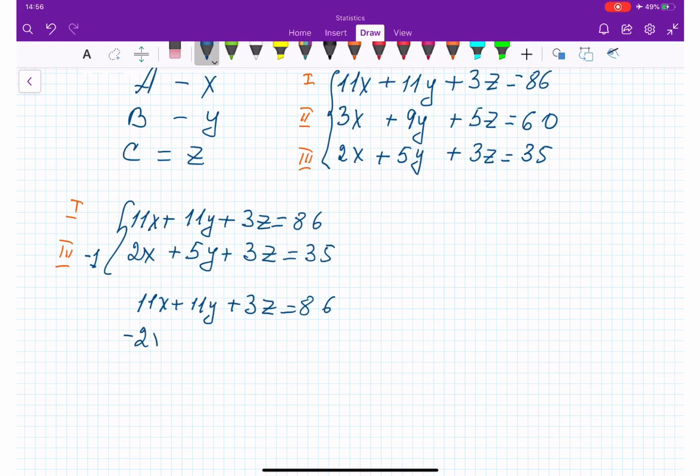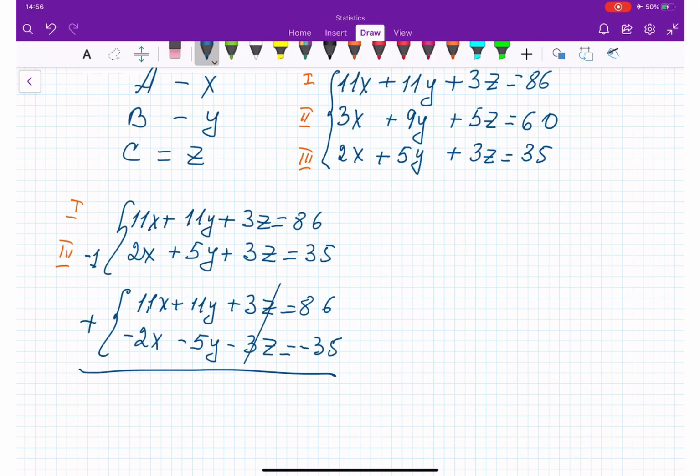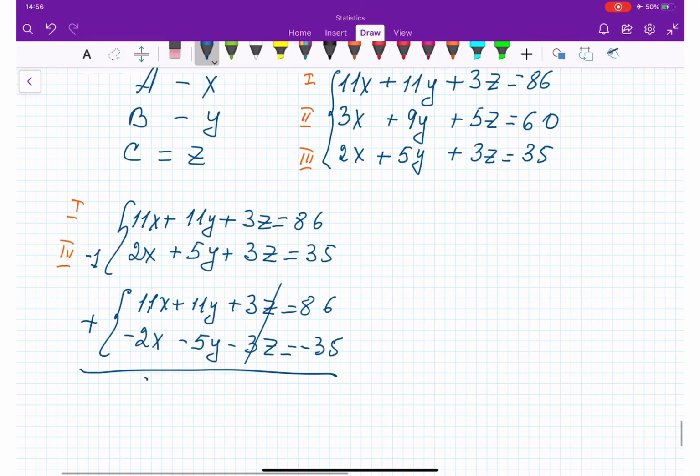Negative 2x, negative 5y, negative 3z is equal negative 35. So if I add them up, this 3z with negative 3z is gone. I am getting 9x plus 6y, and that is equal 51.